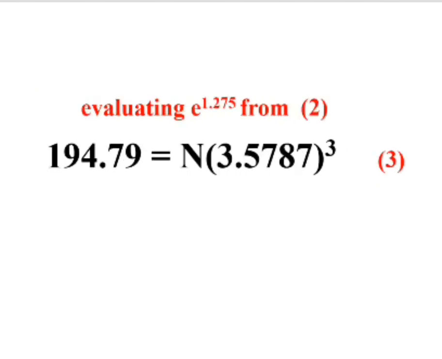Now, on evaluating the value of exponential 1.275 as we have it in equation 2, we'll get 3.5787, and so 194.79 will be equal to N multiplied by 3.5787 cubed.